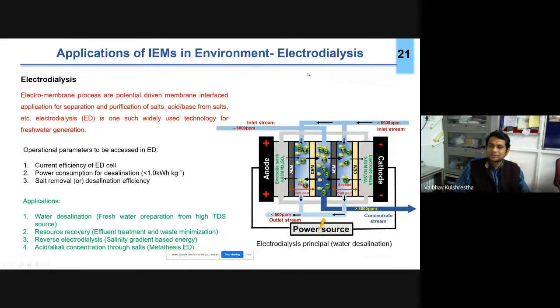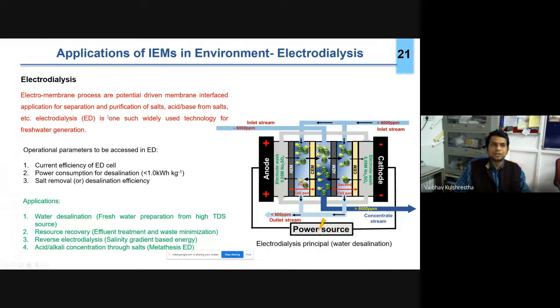By this we can desalinate our water, and we can get potable water of less than 500 ppm as per BIS norms.